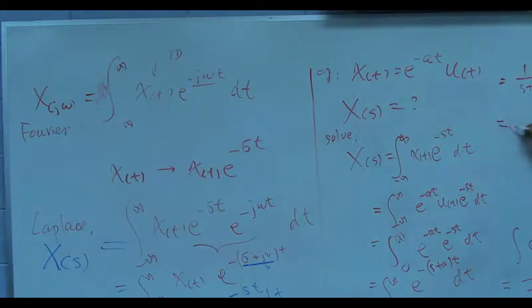What is this? 1 over (s plus a). When t equals 0, what's this? This one equals 0, e to the 0 equals 1. Minus, when t equals infinity, what is this part?